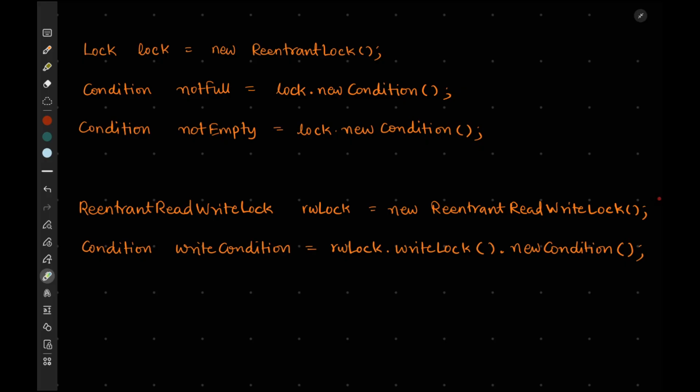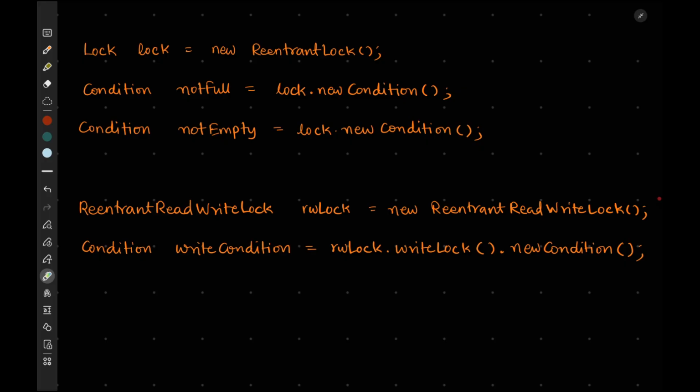That's where Condition helps us. A Condition is created from a lock, specifically from ReentrantLock or the write lock of ReentrantReadWriteLock. Why is that, you may ask? A condition requires exclusive access to signal and await.